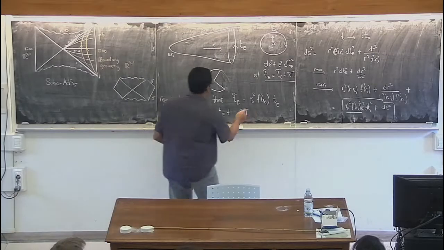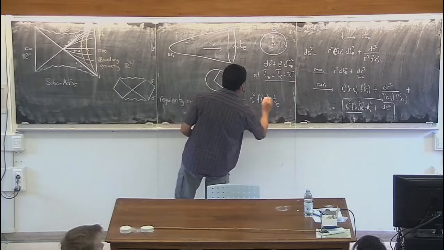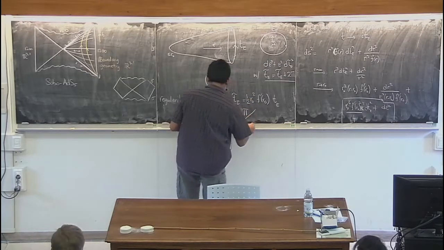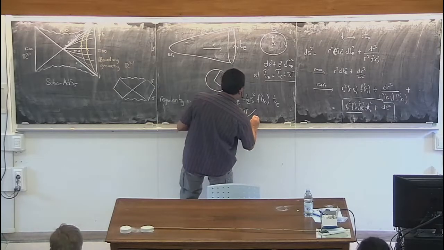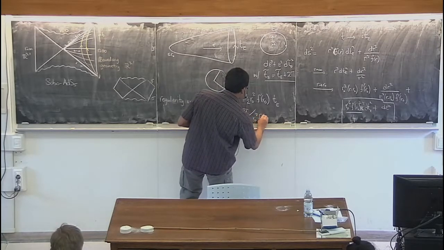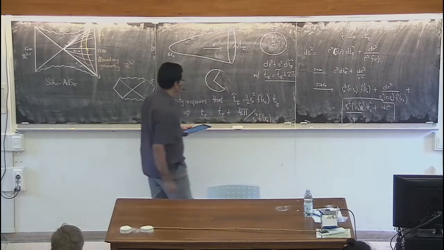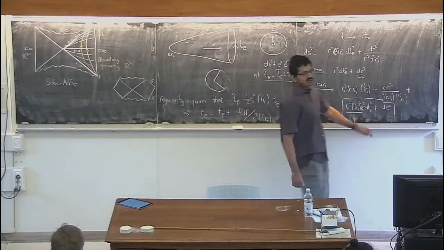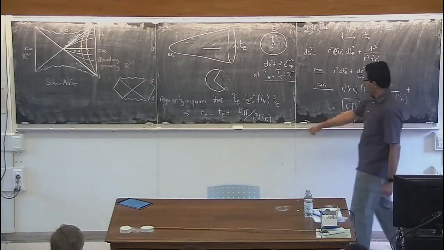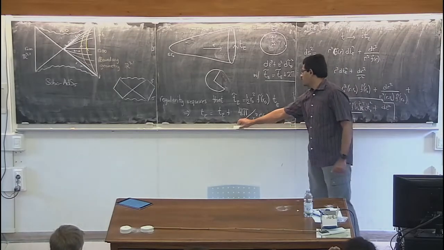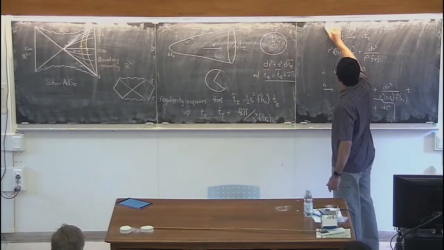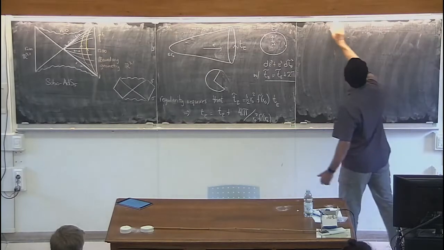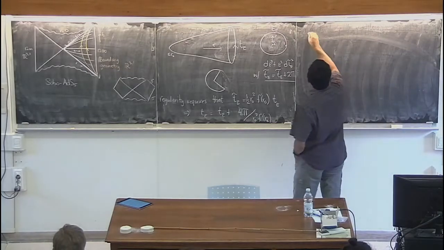Oh, there's a factor of 4 here, by 2. So I need this Euclidean time coordinate to be a circle with period 4 pi over r naught squared f prime r naught. And a Euclidean circle sets the boundary conditions for thermal boundary conditions.